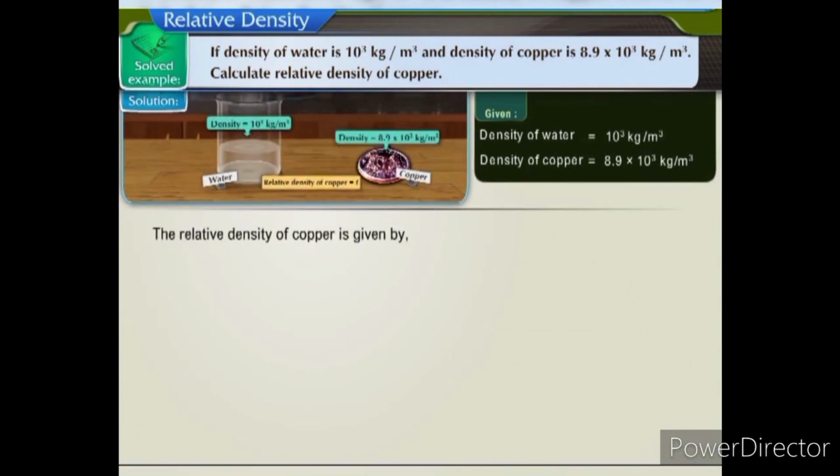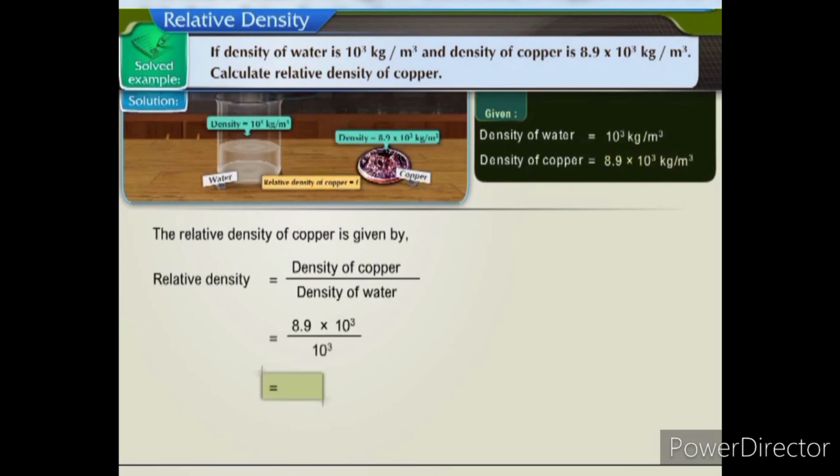It is given by relative density is equal to density of copper divided by density of water, which is equal to 8.9 multiplied by 10^3 divided by 10^3, which is equal to 8.9. Therefore, the relative density of copper is 8.9.